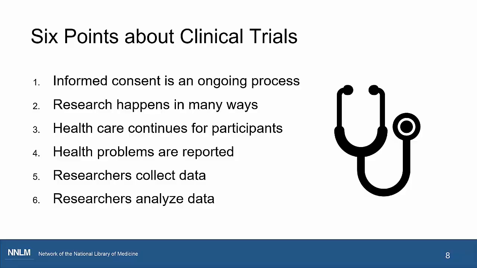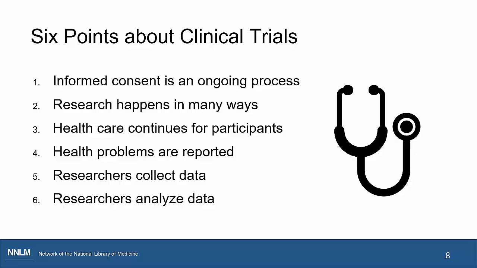Point 5, researchers collect data from participants during the study. This data collection may be done through surveys or questionnaires, through imaging like X-rays or MRIs, by taking measurements like height, weight, or blood pressure, or by obtaining samples of blood or tissue to look at in a lab.